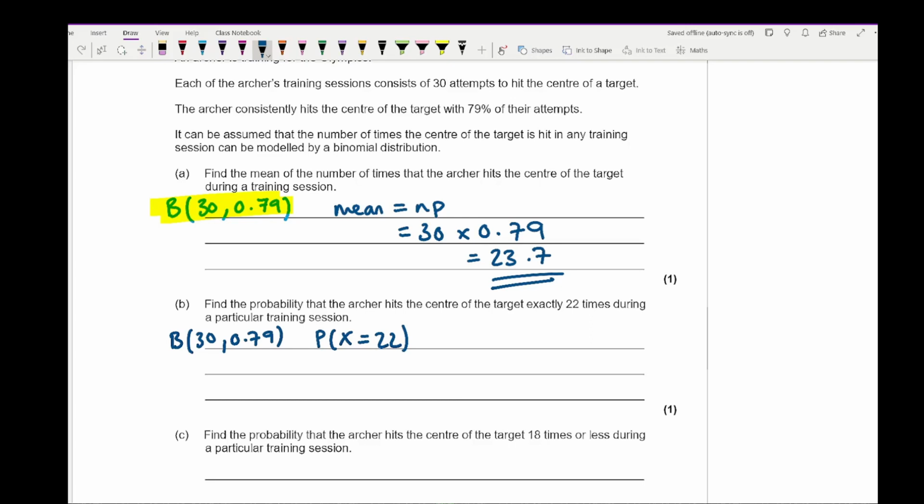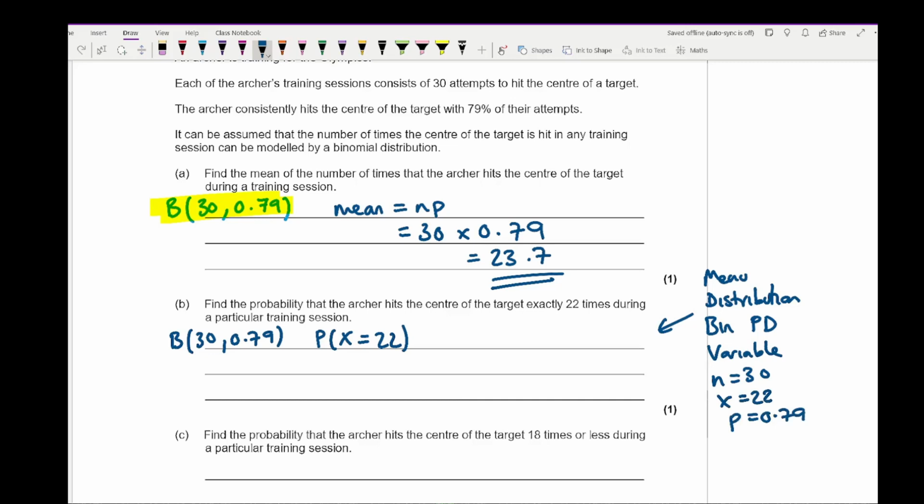So if you've got the Casio calculators, let me just write this down. We want to go menu, distribution, and we want binomial PD because we want the exact values, and then we want a variable, and then we enter the values: n equals 30, x equals 22, and p equals 0.79.